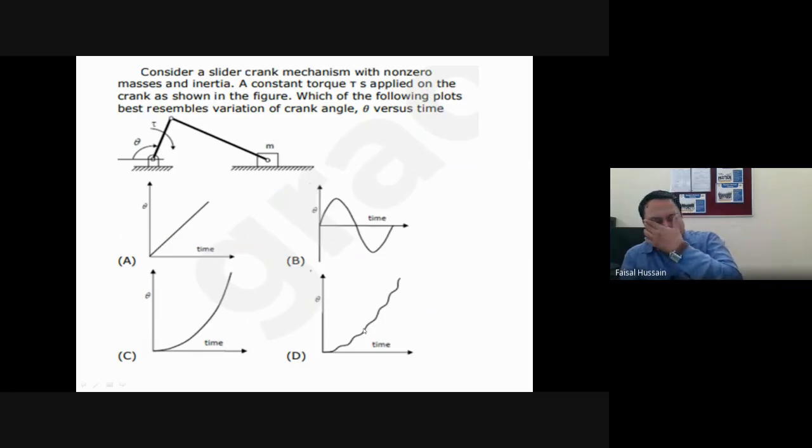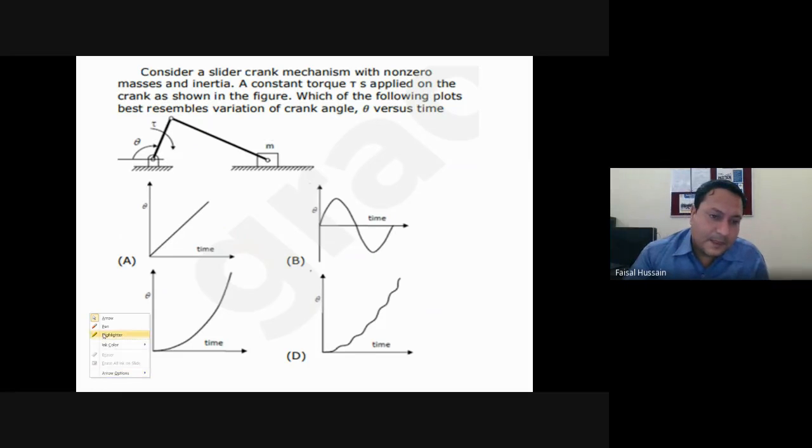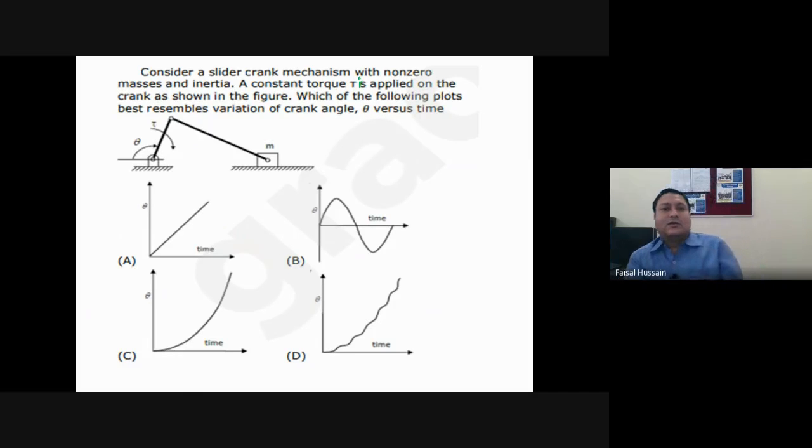It is a question where a slider crank mechanism with non-zero masses and inertias was given to you, and what it has asked: a constant torque T is applied to the crank as shown in the figure. Which of the following plots best resembles variation of crank angle? See, best result means, say it is directly proportional. It is not possible.